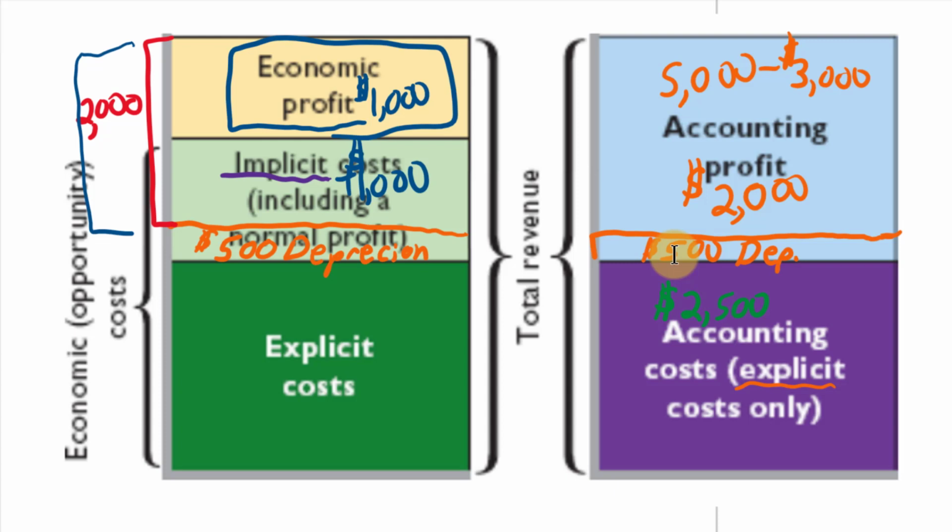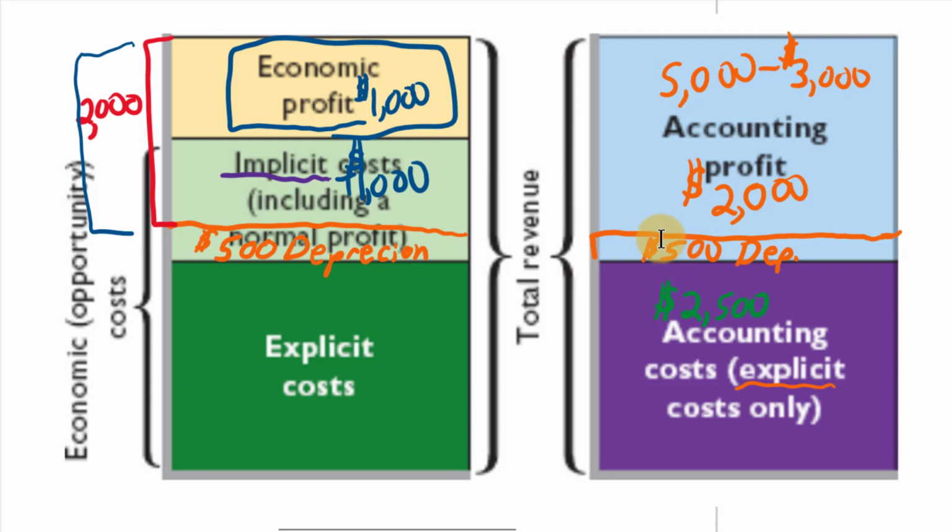What does economic profit mean? Economic profit means how much more or less money you're making in your business compared to the best you could do in another opportunity. So this is why we think about all business costs as opportunity costs, because you could not spend any of this money by getting out of this business, and you could take advantage of all those next best opportunities.